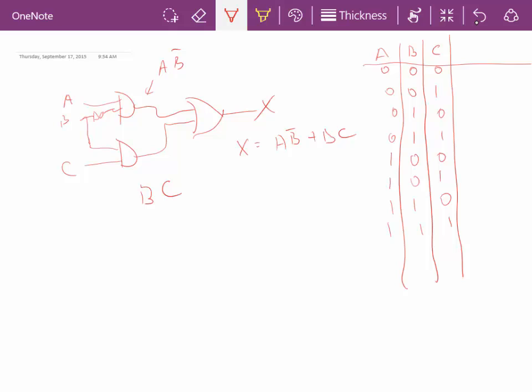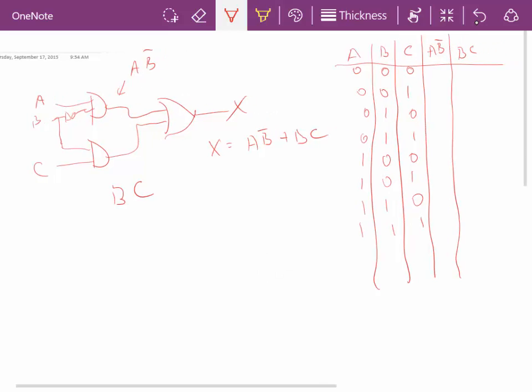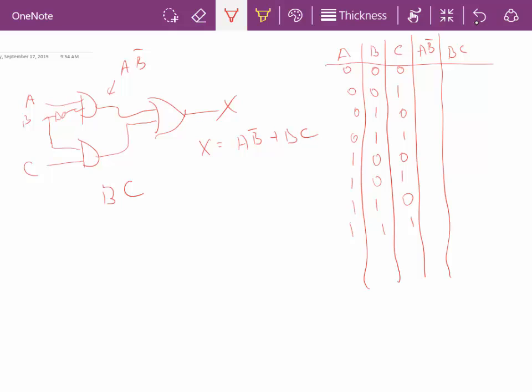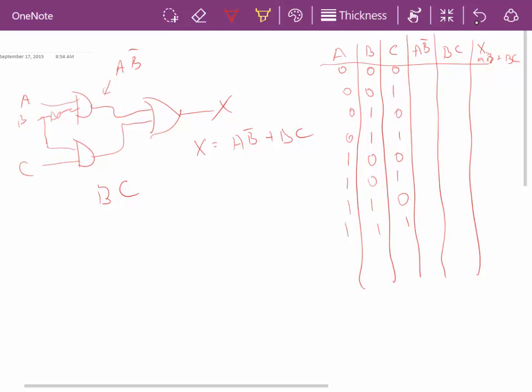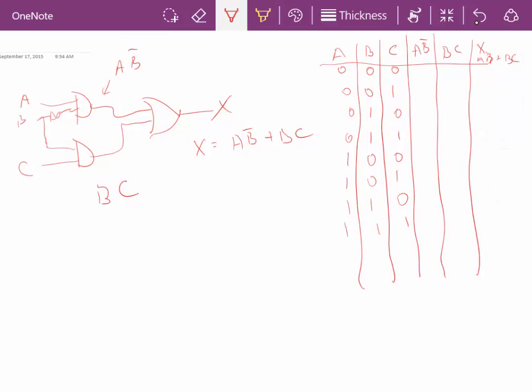Once we do this, we're going to put a table here, A, B naught, another column here for BC, and then another column over here for X. Underneath there I'm going to write AB naught, if I can write that small, for BC. Actually, what I can do, nope, it won't let me write it bigger.